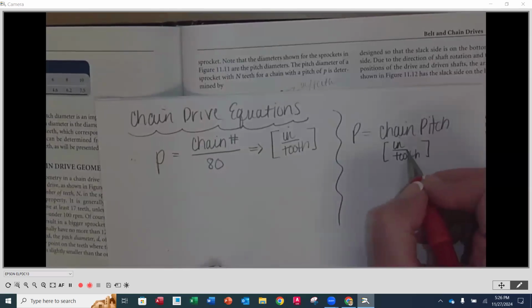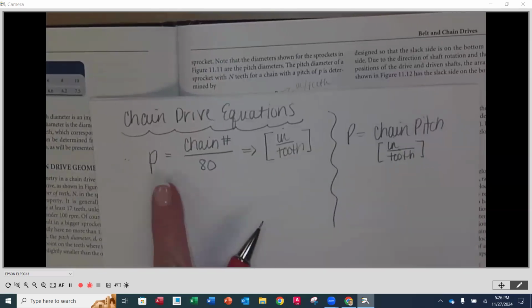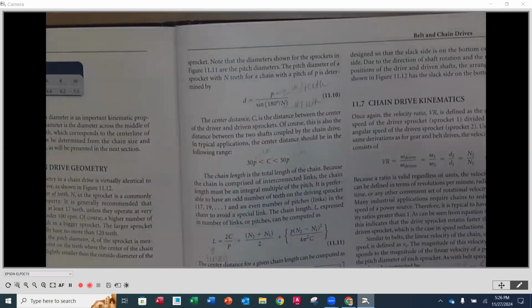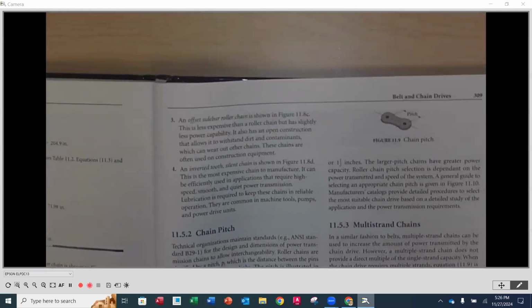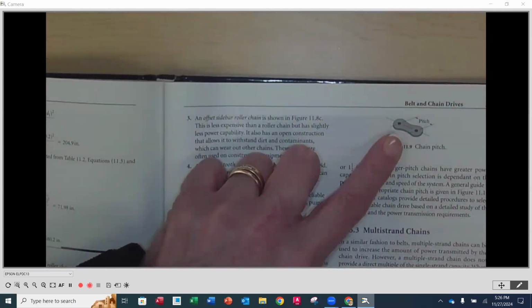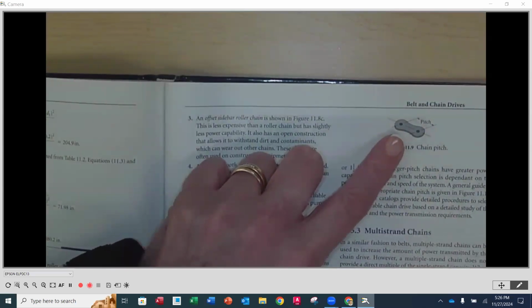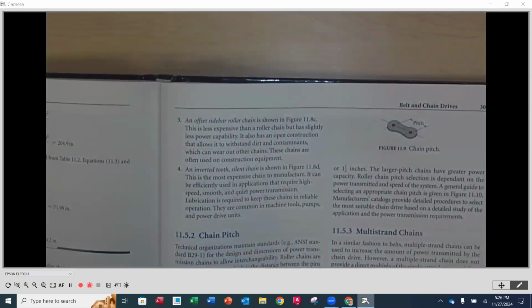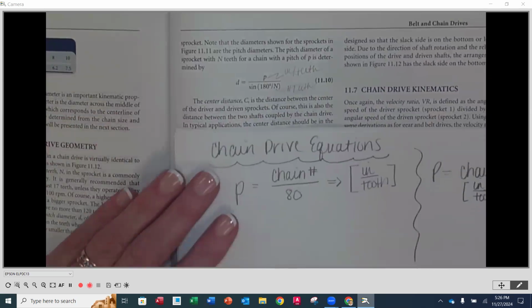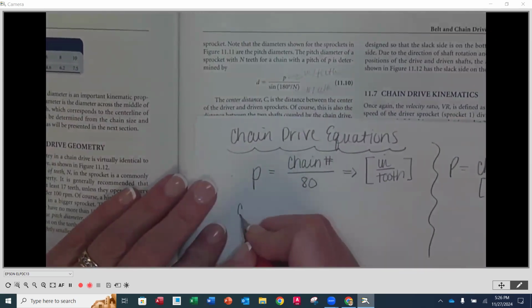And again, that P goes back to this illustration right here. The pitch is going to be a dimension, but it's actually called out as a number. And then again, we divide by 80 to get what that corresponding dimension would be, the distance between those two pins.